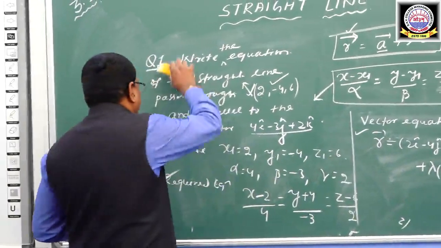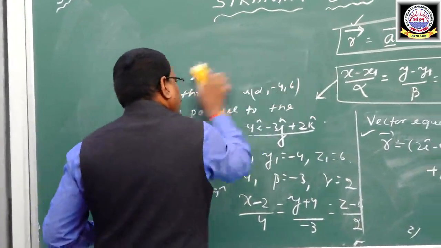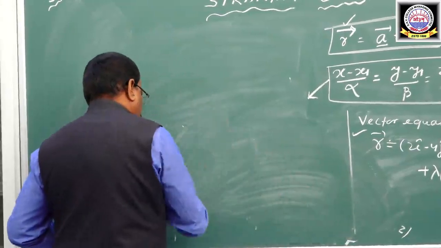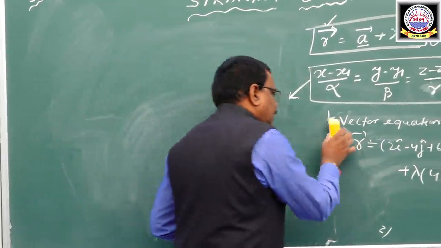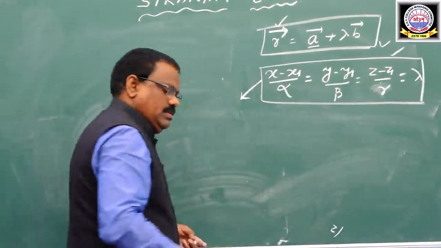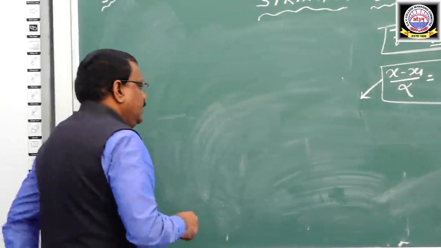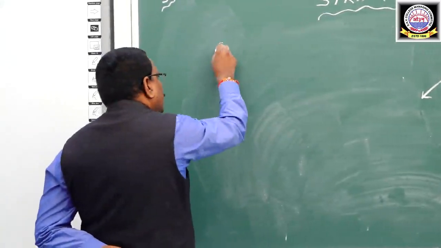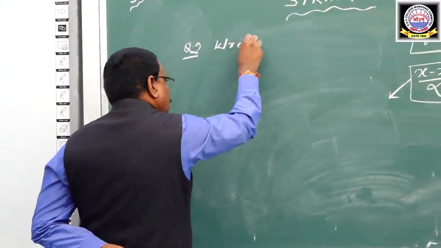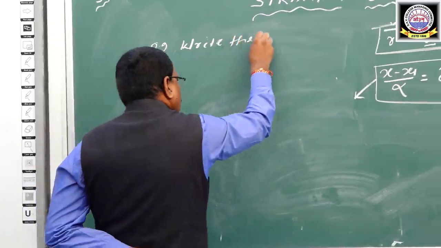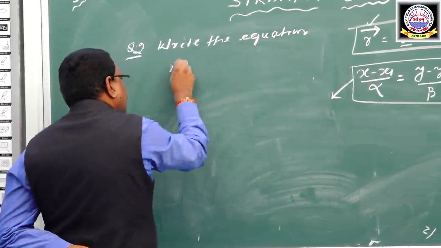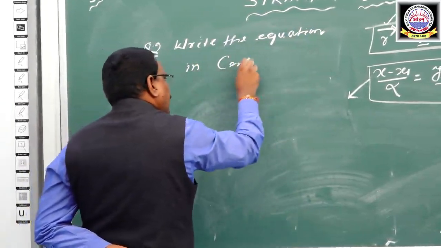Okay, so I am writing question number 2. First I am taking one vector equation, which will be converted to Cartesian form. Question number 2: Write the equation in Cartesian form.